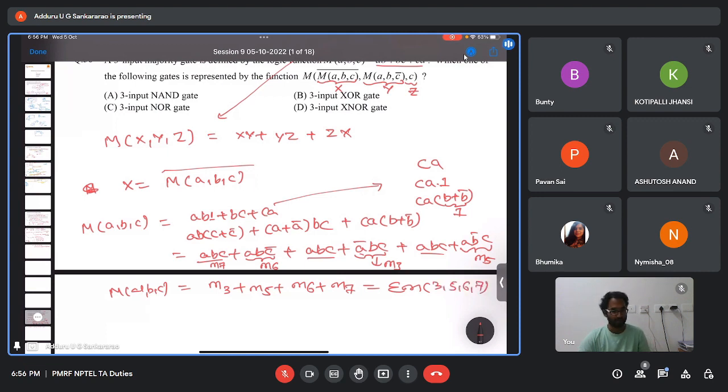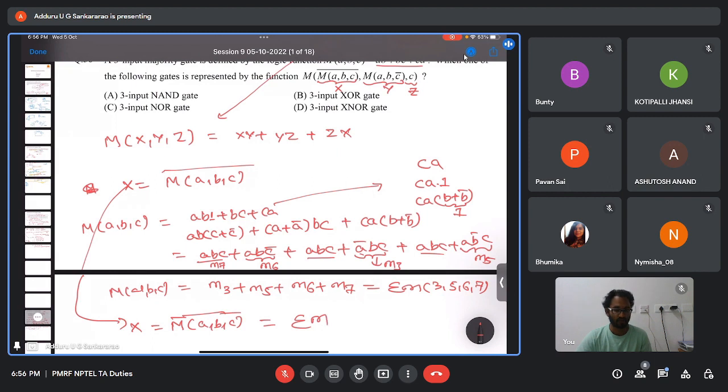This is M of A, B, C. So what is X? X is M bar of A, B, C. What is M bar then? It consists of the terms other than those. In M, 3, 5, 6, 7 are there.